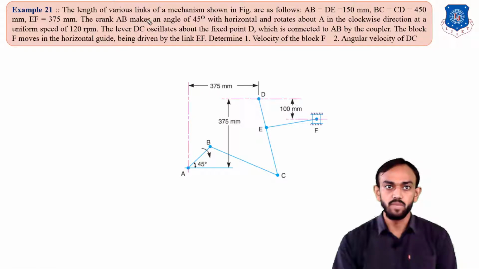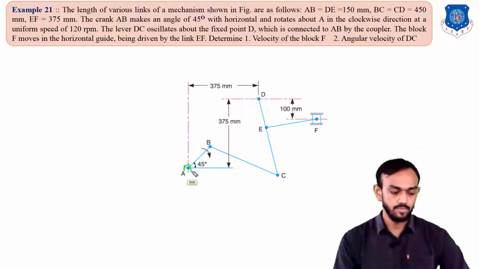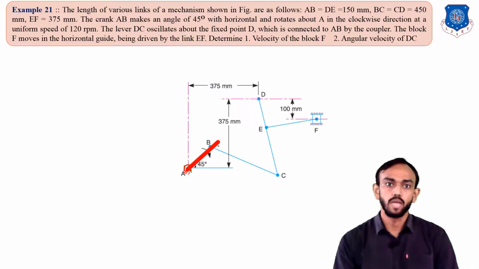The crank AB makes an angle of 45 with horizontal and rotates about A. You can see this crank AB is fixed here, connected here, and it is rotating with respect to A.